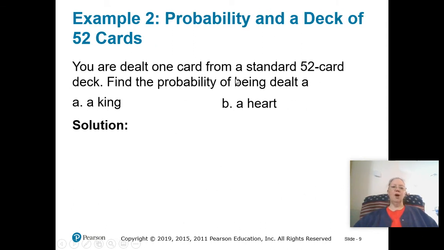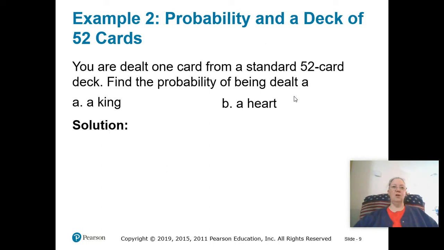You are dealt one card from a standard 52 card deck. A little bit of background about a 52 card deck. There are 4 suits. There are red cards and black cards. Half the cards are red, half the cards are black. The red suits are hearts and diamonds.